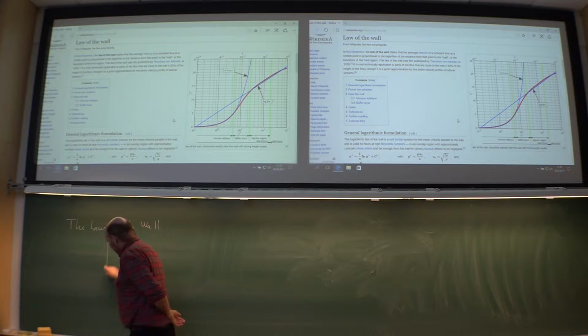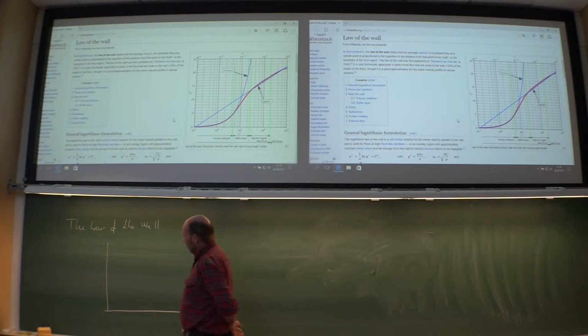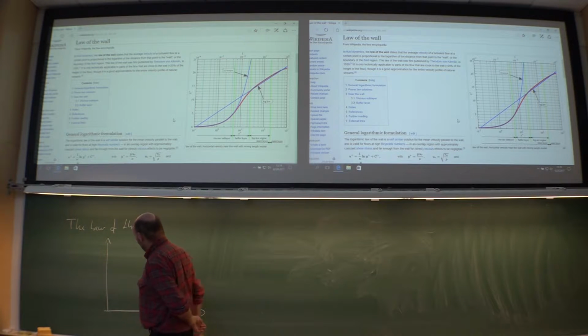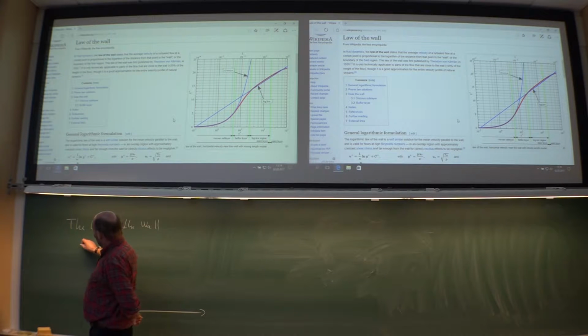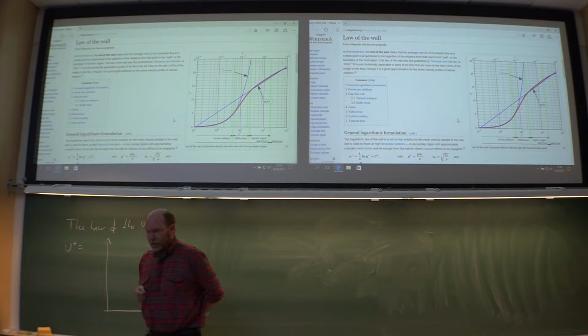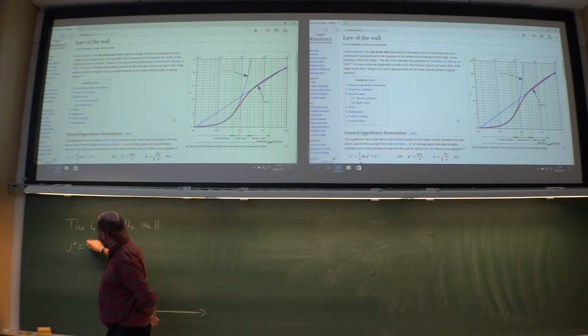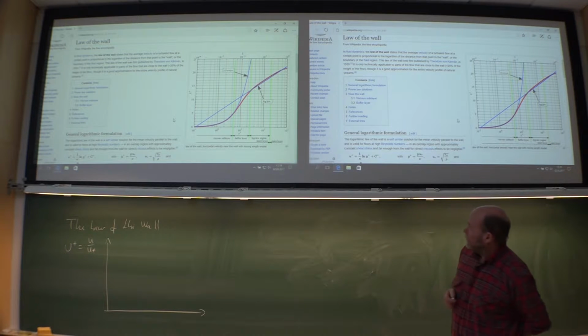So if you look at a log-log plot here of the non-dimensional velocity, so you have U plus, which is your real velocity scaled against something called either U star or U tau.